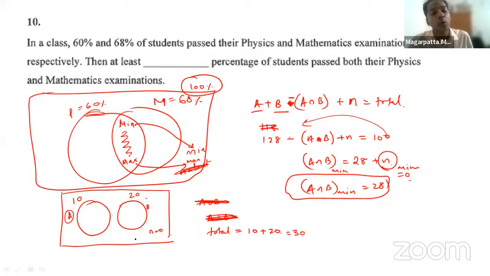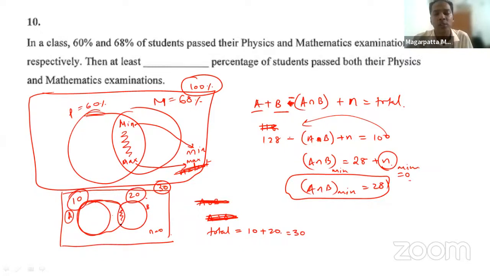Now suppose the total number remains the same, but they start intersecting. Now if they intersect, the total number of people is still the same, 30. But because they have intersected, the number of people belonging to the two sets together has reduced, because you can't double count the same person. So therefore, if the intersection increases, the people who are not a part of both the sets would also increase, because this 10 and this 20 is fixed.